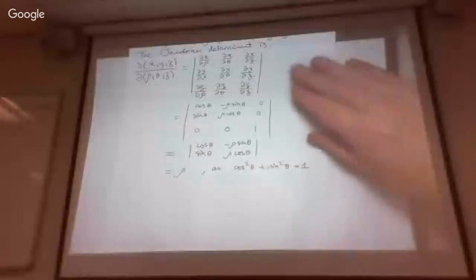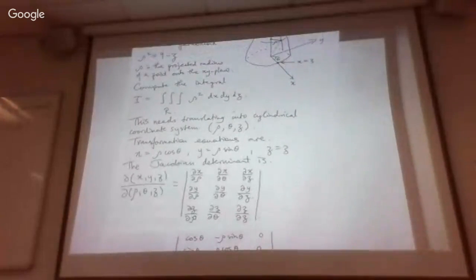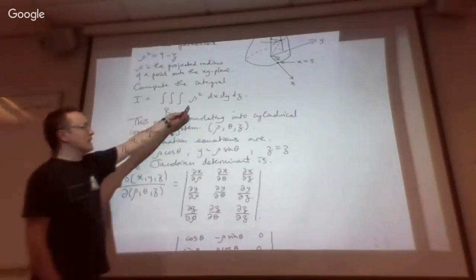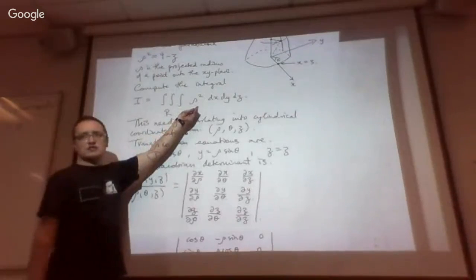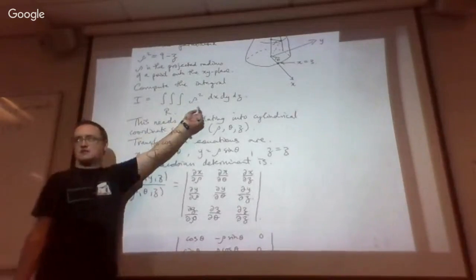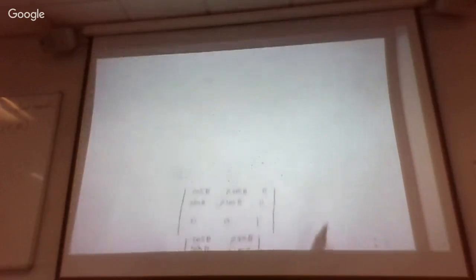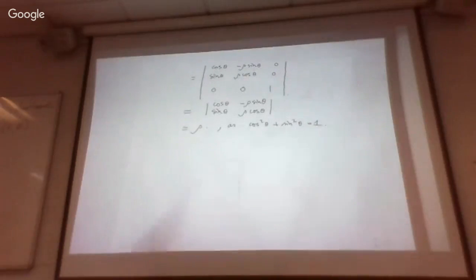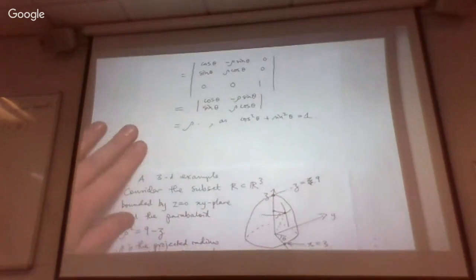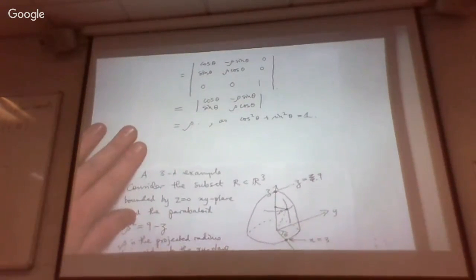We look to the original integral. The function is already transformed because the function we're integrating is just rho squared. So that's already translated. We have to translate the region. I'll just put the region in the picture there so we can see it.